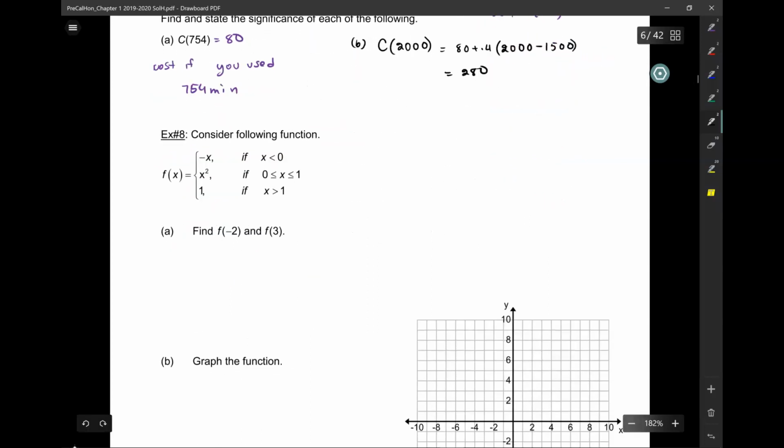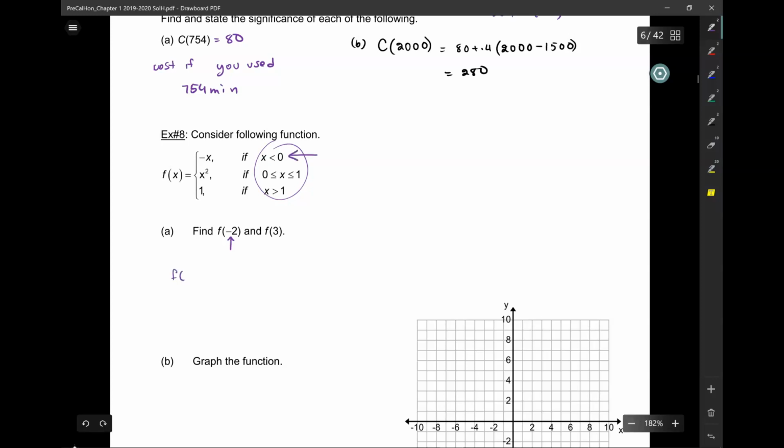All right, let's do this. Here's another piecewise function. Can we find f of negative 2? Where do I plug it in? Look at these regions. Where does negative 2 fit in? The first one.